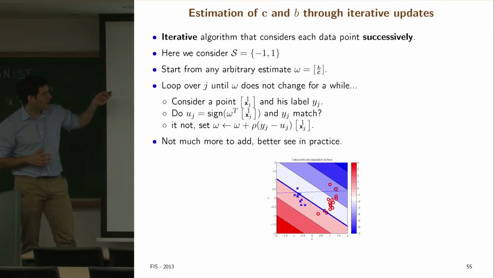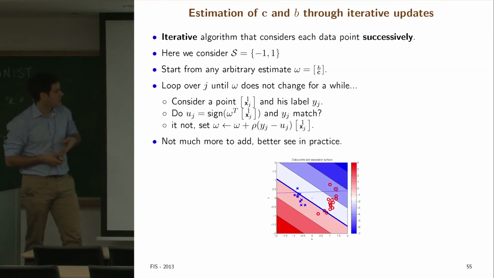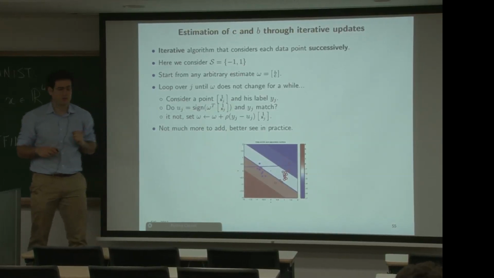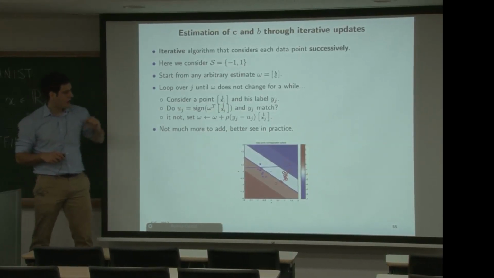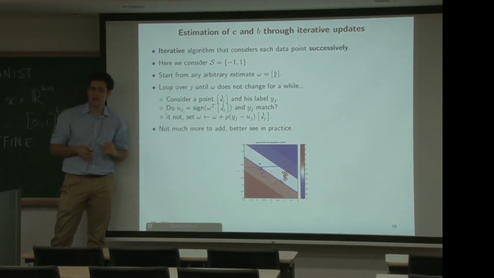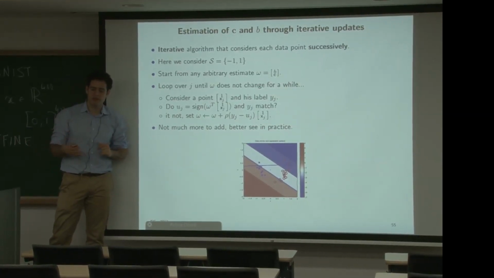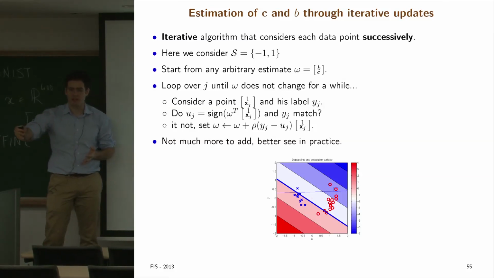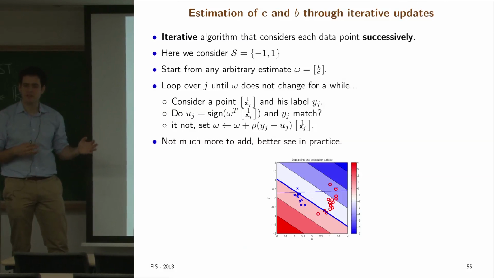This is why people call this an iterative algorithm. Again, here we will consider that S is minus 1, 1. It's easier to write equations. And what the perceptron rule does is start from any arbitrary estimate. If you think about logistic regression, least squares, etc., we didn't really have this way of thinking of starting with some guess and then improving that guess. Here in iterative methods, this is really important.